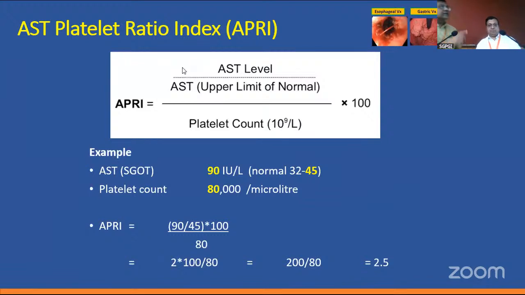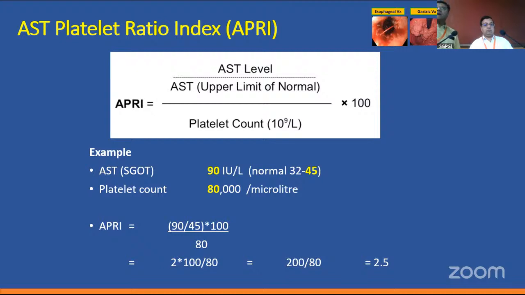This is one of the examples I have given. For a patient, AST is 90, the upper limit of normal is 45 for this patient, and the platelet count is 80,000. Always express platelet count in terms of 1,000. Platelet counts are like 200,000, 250,000, 80,000, 60,000. Then it is easy. You take just the thousands part and leave everything else.